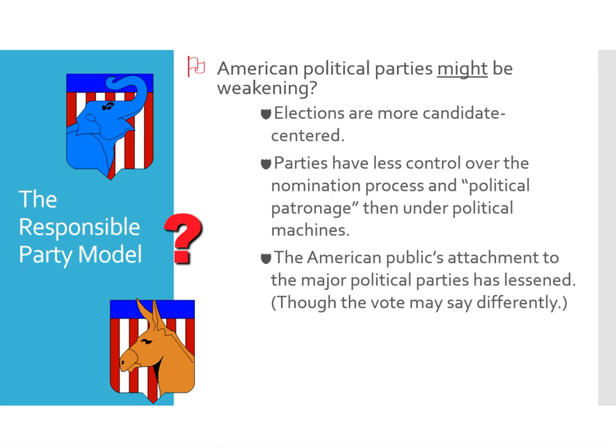At the same time, independents do vote. They're less likely to vote, but they do vote, and they may lean toward one party or the other. They may lean a little bit more toward the Democrats. They may lean a little bit more toward the Republicans. So they do vote, even though they are now the dominant group that isn't attached to either of the major parties.